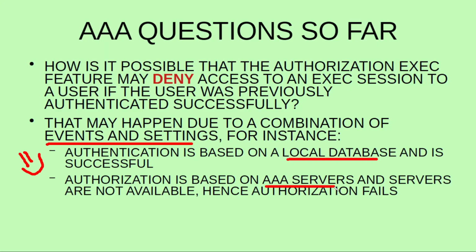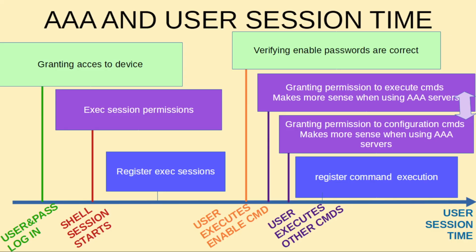And in this example, let's say that these servers are not available. So in that case, the authorization will fail. So even though a user may authenticate successfully, there may be cases where the user may fail the authorization phase. And in that case, the user will not get access to an exec session and the connection will be terminated.